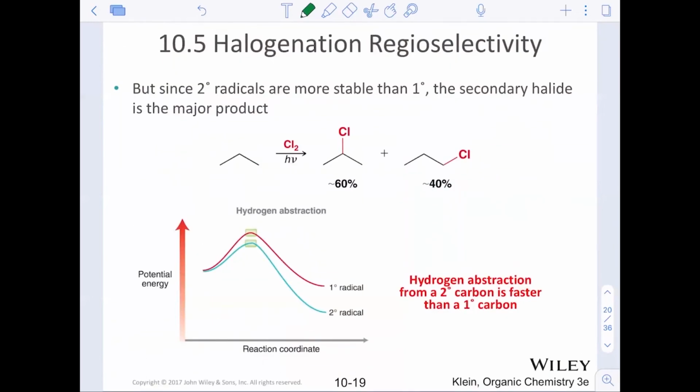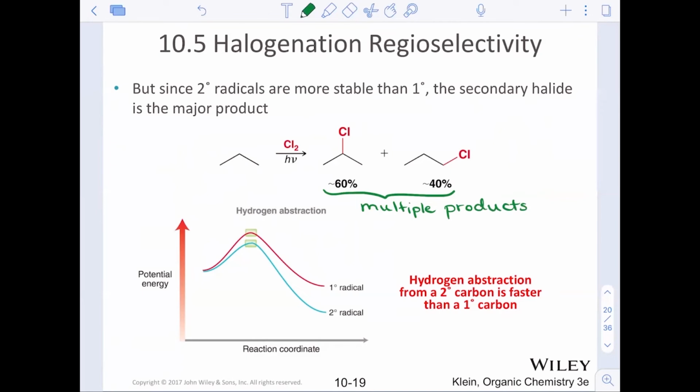Even though secondary radicals are more stable than primary, we see chlorination making multiple products. Not quite racemic mixtures, not 50-50, but definitely major versus minor, and getting multiple different constitutional isomers.